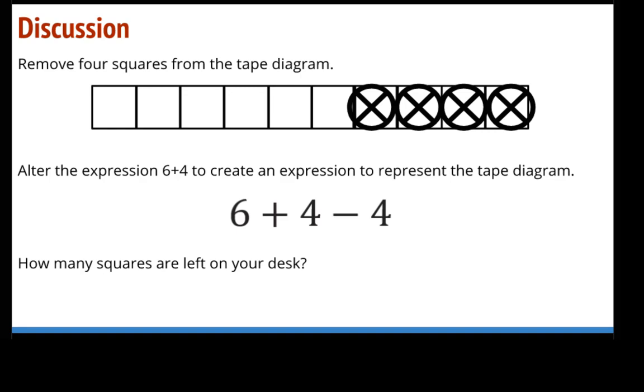So how many squares are left on your desk? How many squares do you have left of your tape diagram? Hopefully you have 6. So if we were to evaluate the expression to show what we've actually got going on here, we've got our 6 plus 4 minus 4.